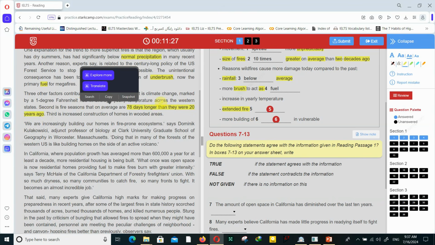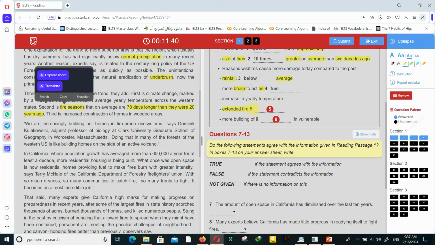All of these mean extended. Extended fire what? Here it says second is fire seasons that on average are 78 days longer. So here, extended fire seasons. Seasons is the answer for question number 5.